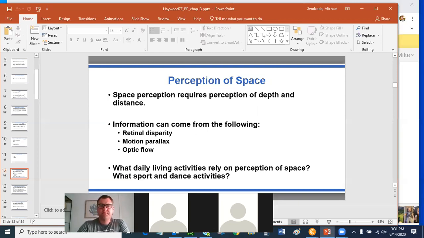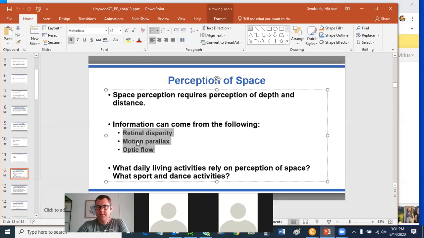This all comes from these different types of seeing, for lack of a better word. When you are seeing anything in motion, you have a perception of what that movement is relative to you.